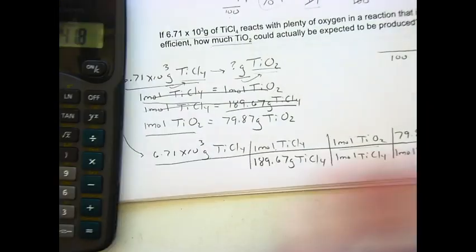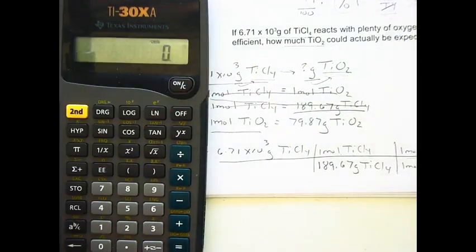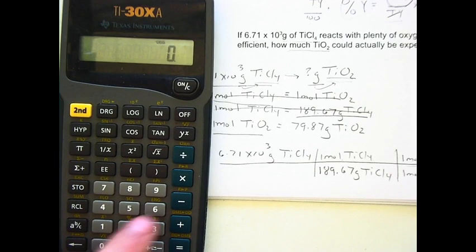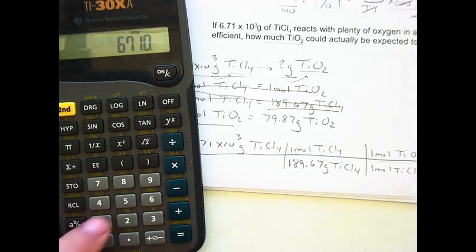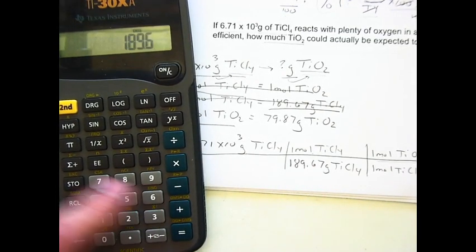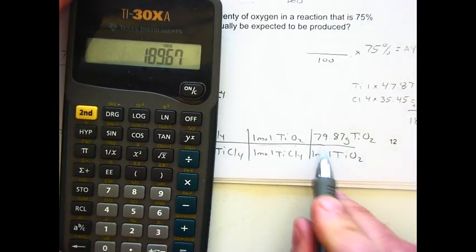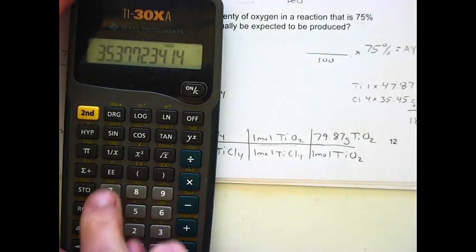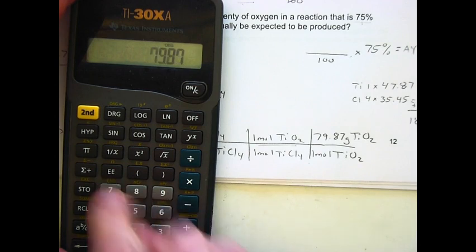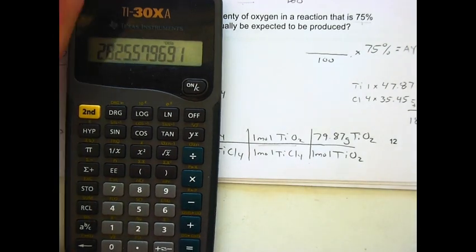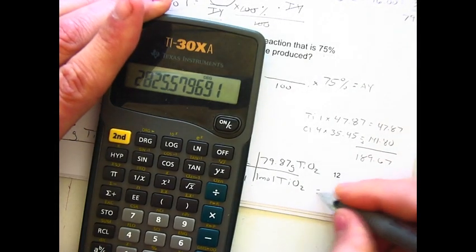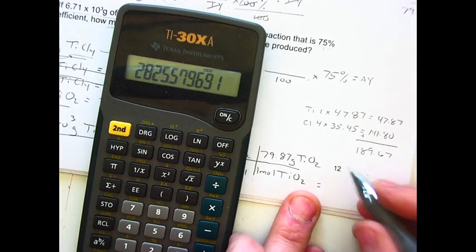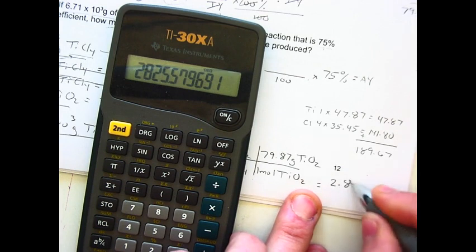So on our calculator, we take 6.71 EE3 divided by 189.67 and then times 79.87 equals. We have 3 significant figures in our starting point, so our ending point will be 2.83.